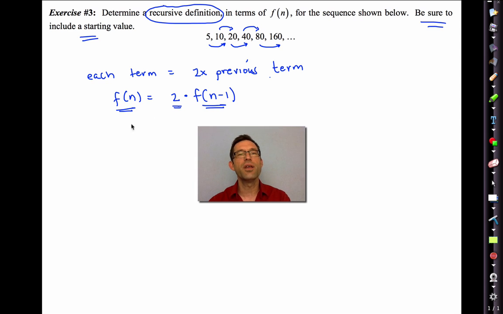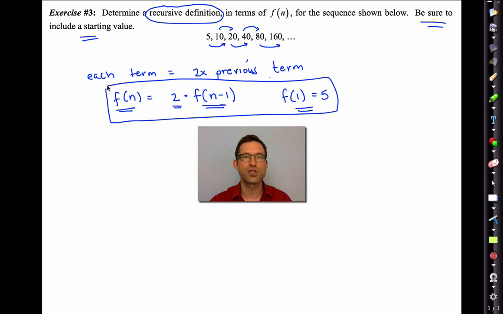Now the problem with this is it's not enough. We also have to say that f of 1 is 5, because this certainly tells us how to get from one rung to the next rung on our ladder, but this tells us what rung we start on, right? All right, so these two put together are our recursive definition. Recursive definition.